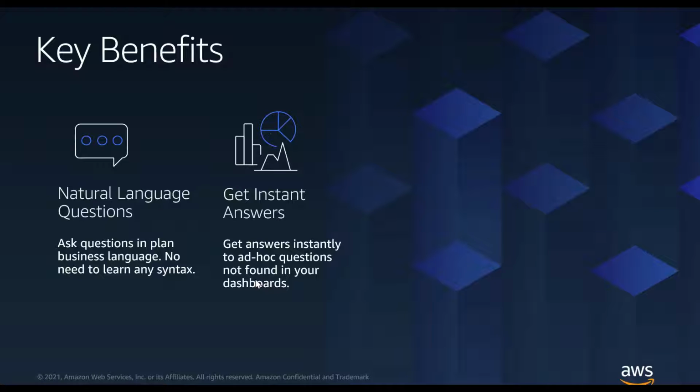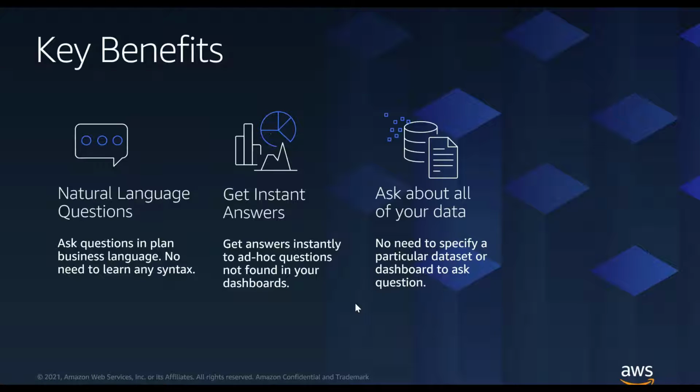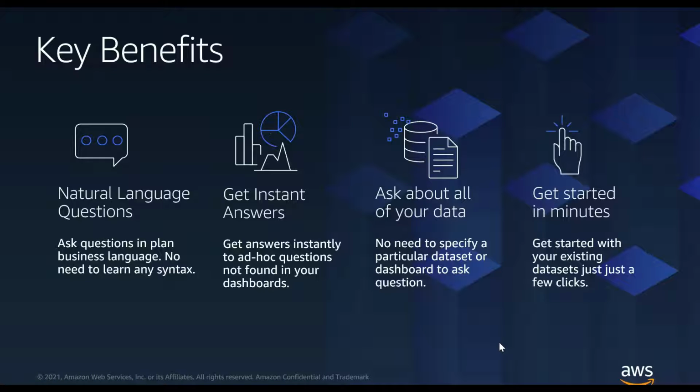One thing we've learned is that in most organizations, people don't know what dashboards they have access to. There is dashboard proliferation. So Q allows you to really ask questions about all of your data that's built and not limited to what's been surfaced through your pre-built dashboards. And lastly, it's incredibly easy to get started once you have your data set up within QuickSight.